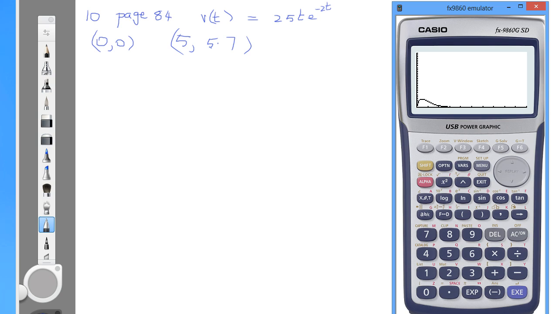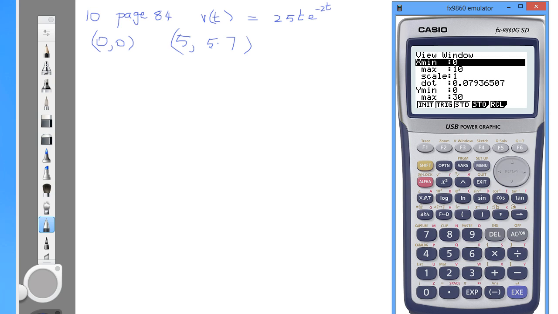Okay, so it looks like our scale going up to 10 has given us a tiny diagram. So we could go Shift View Window and make it only go up to 7. See if that gets us a bit better drawing.